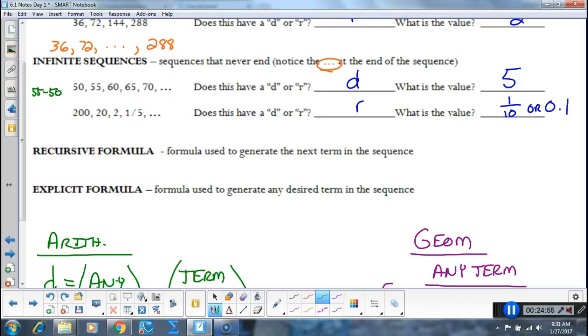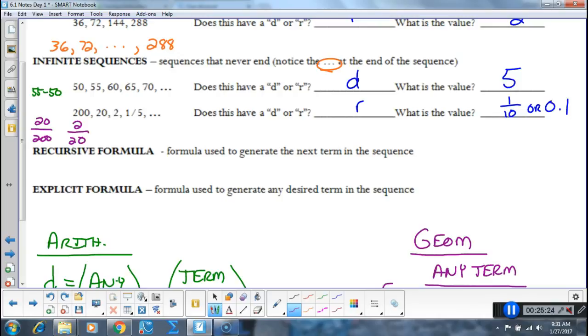And then down here, we could have gone 20 divided by 200. Or we could have gone 2 divided by 20. In both of those cases, those reduce down to 1/10 or 0.1. Likewise, we could have done 1/5 divided by 2, 1/50th divided by 1/5, and so on and so forth.